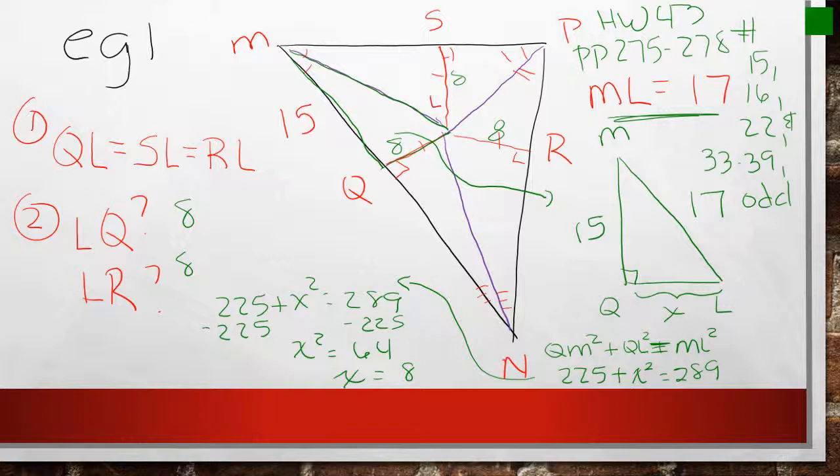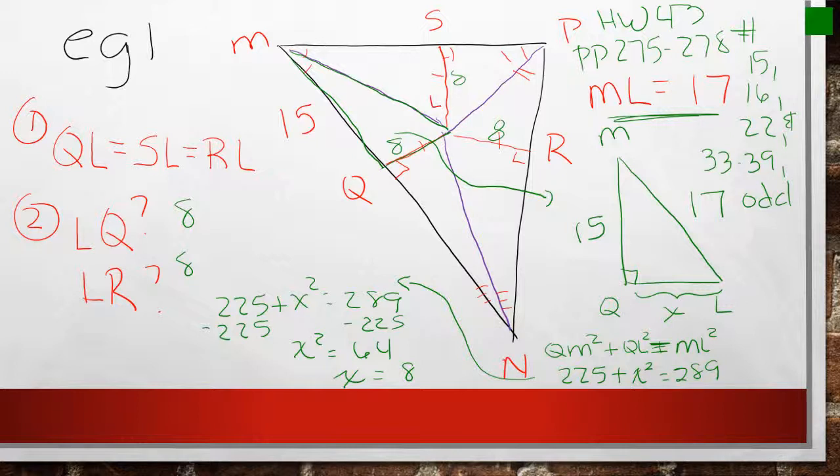I'm going to ask you 2 questions. I'm first going to ask you, what segments are congruent? I'll give you a minute there. The answer to that question would be this segment, and this segment.